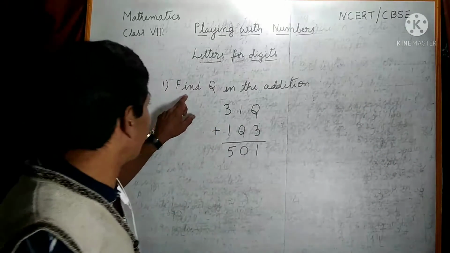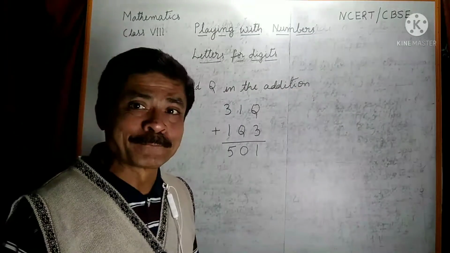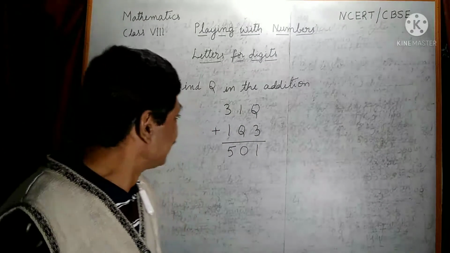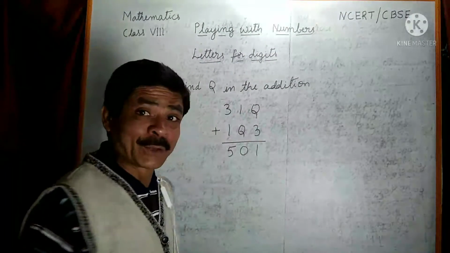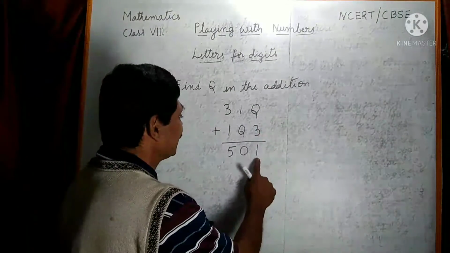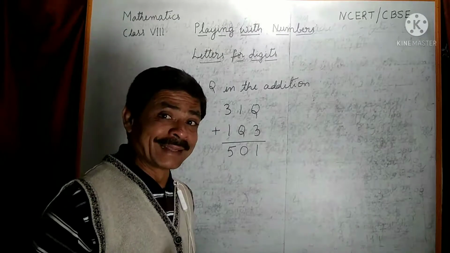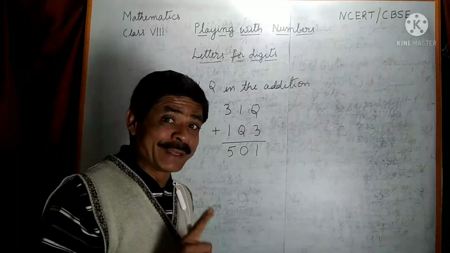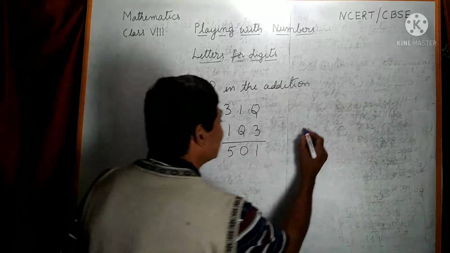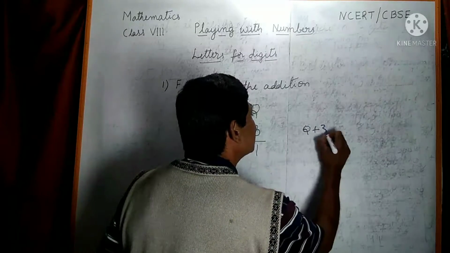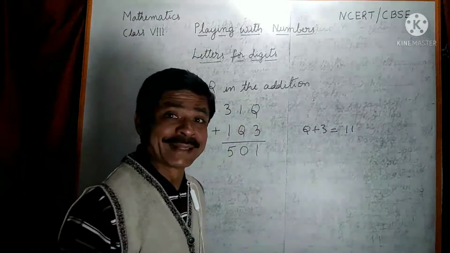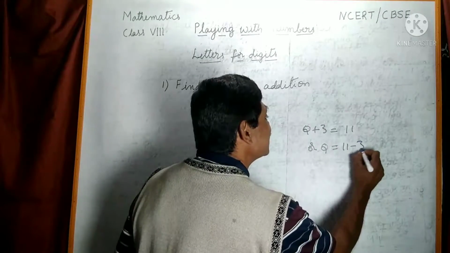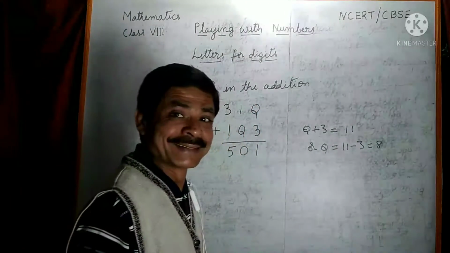First puzzle, find Q in the addition. Here only one letter Q, whose value we have to find out. Let us see the first column. Q plus 3 is equal to 1 in the one's place. So Q plus 3 should be 11, so Q must be 11 minus 3, which is 8.